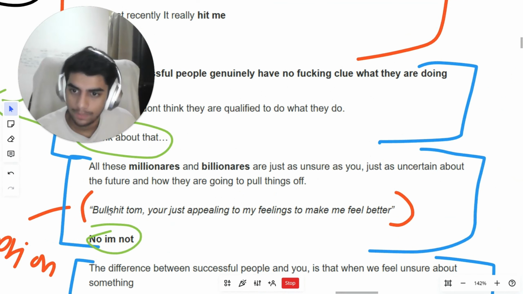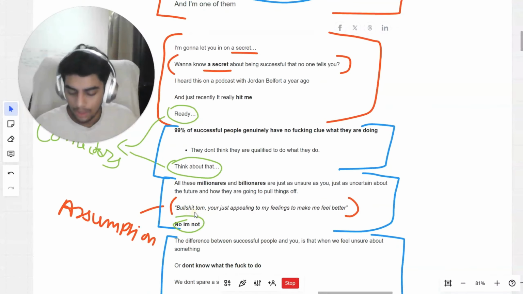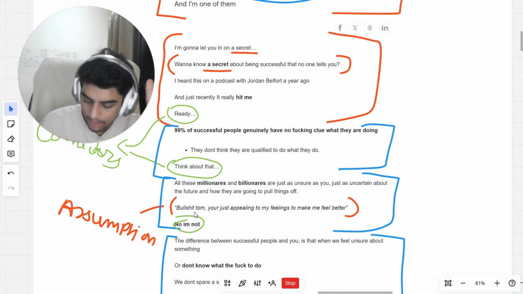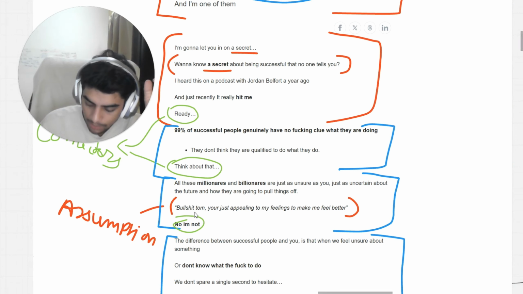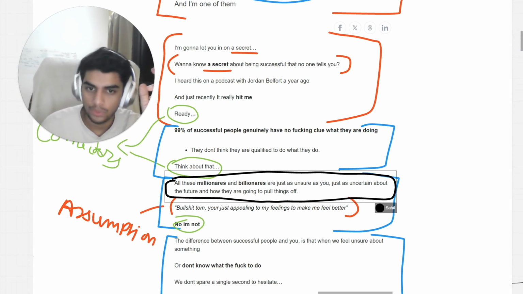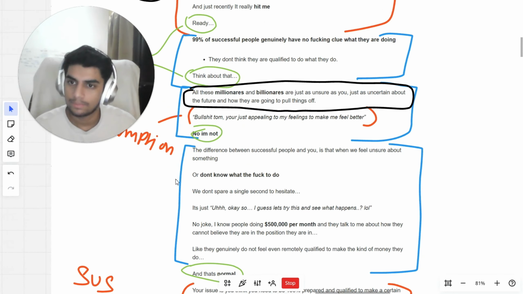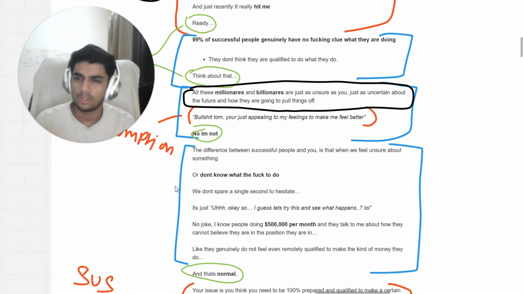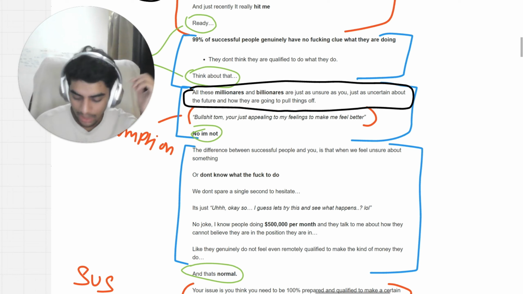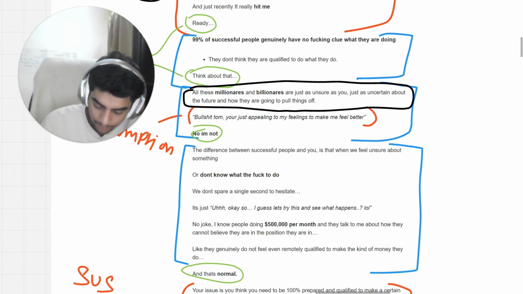It's an assumption, but I can see one more thing, which is a claim that all these millionaires and billionaires are just unsure as you and uncertain about the future. Then we hear the assumption, and then we finally see a section of justification, or whatever the opposite of assumption is. I'm not getting the word right now, but yes, this is a claim.